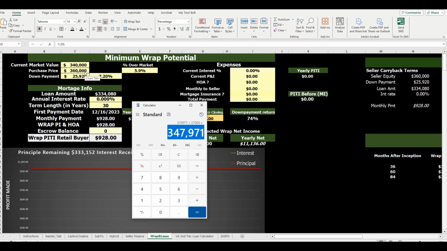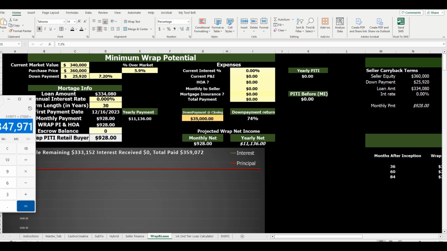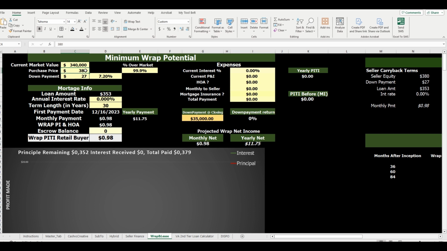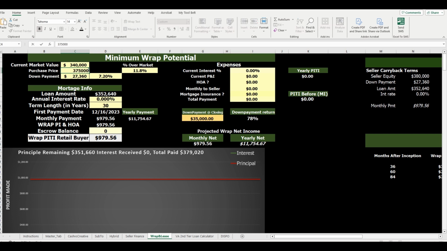So the purchase price right now is $360,000. Let's bump this up a little bit more. I'm not going to go past the 10% market value. That will be my cutoff.